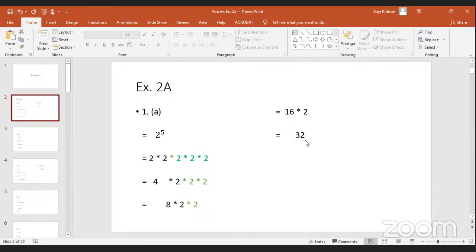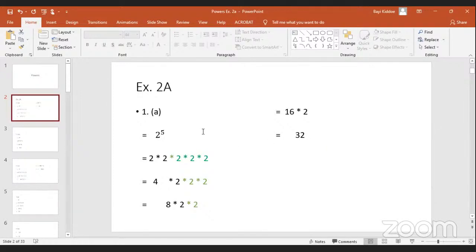So let's go through that again. 2 to the 5th power equals 2 times 2 times 2 times 2 times 2. 2 times 2 equals 4. 4 times 2 equals 8. 8 times 2 equals 16, and 16 times 2 equals 32. Everybody understand that? Yes, sir.